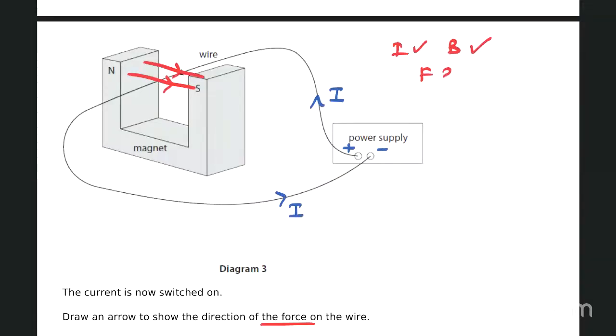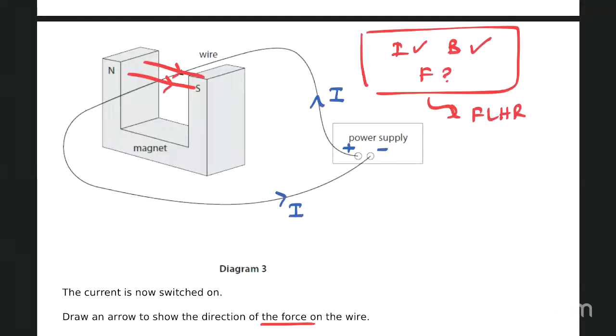They are asking for the force direction, which means three factors, so we are dealing with Fleming's left-hand rule. The wire is having the current in this direction, and the magnetic field is from left to right like this.